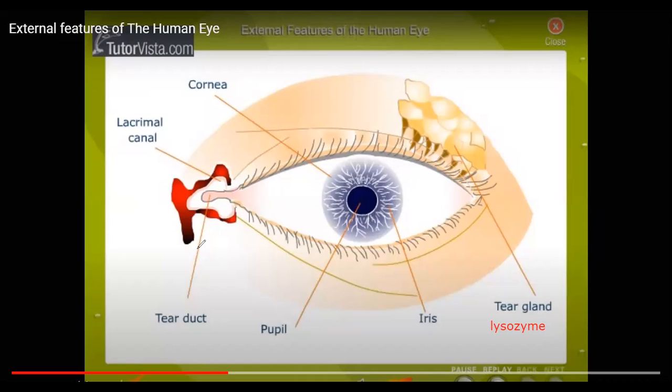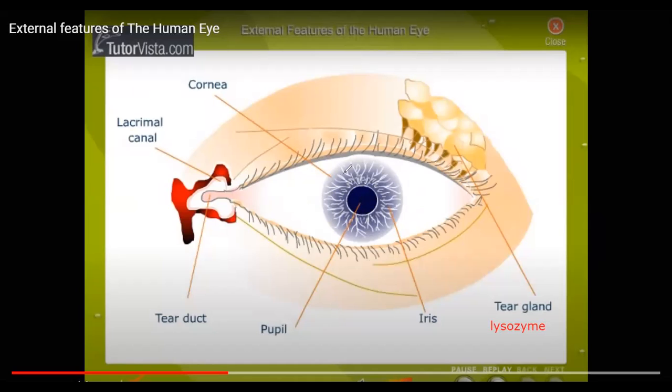Another thing I will tell you, this lysozyme has many functions, or rather the tear has many functions. First of all, when the tear comes out, it makes a lubrication over the eyes. In front of the eye, you can see this is the cornea. Actually the cornea is the white portion of the eye. You can see the pupil, which is the black portion, practically totally black.